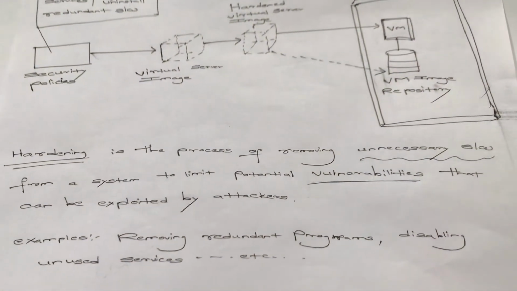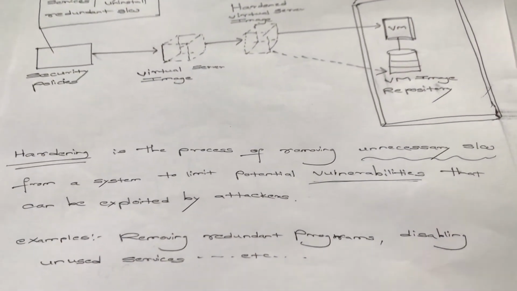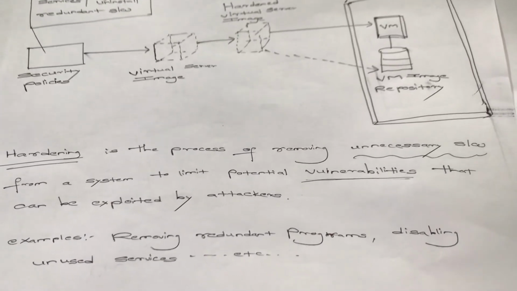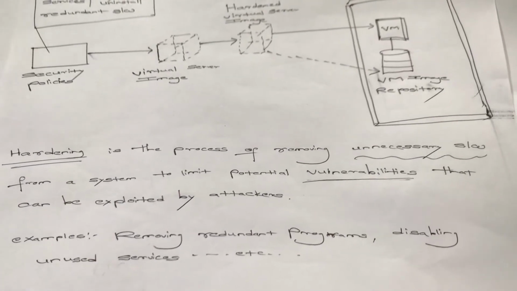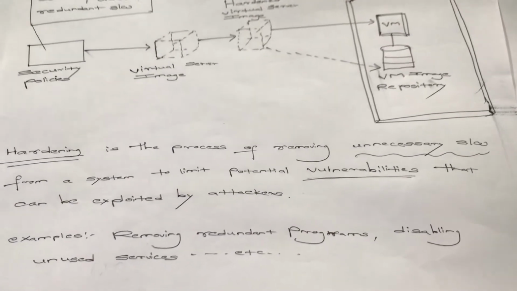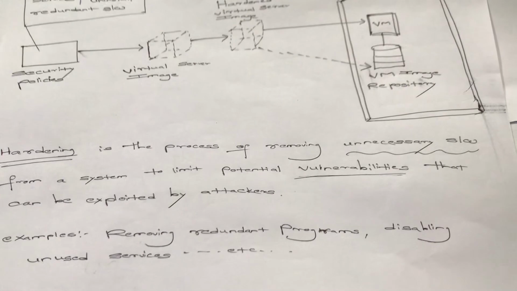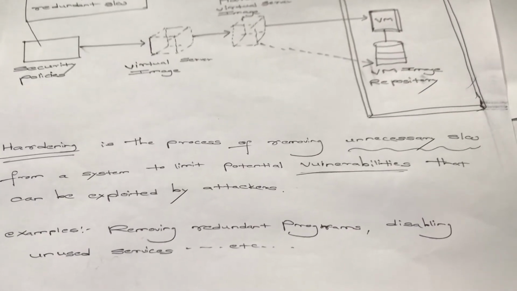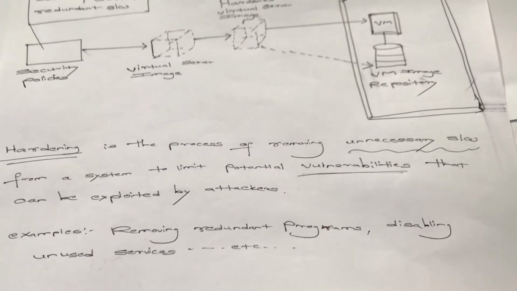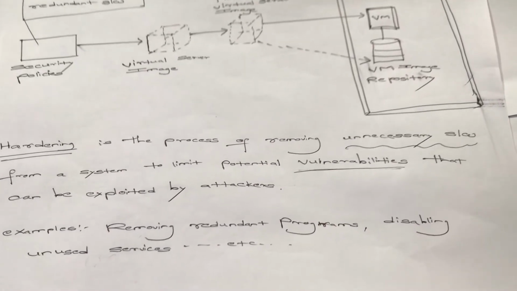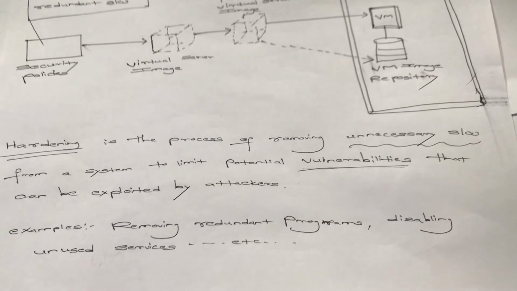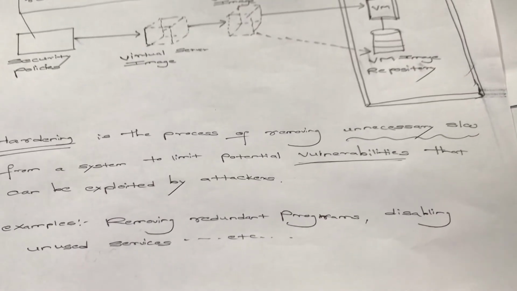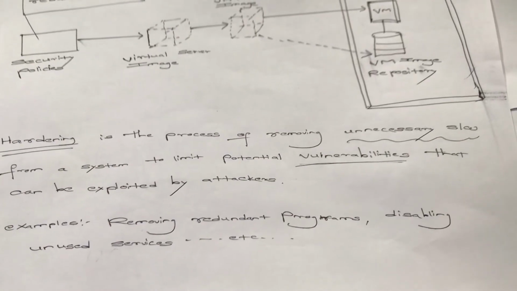Before using any type of system or software, if we perform the hardening process, it will lead to a secure one. So it is the process of removing unnecessary software from a system to limit potential vulnerabilities that can be exploited by attackers. For example, removing redundant programs, disabling unused services, etc.